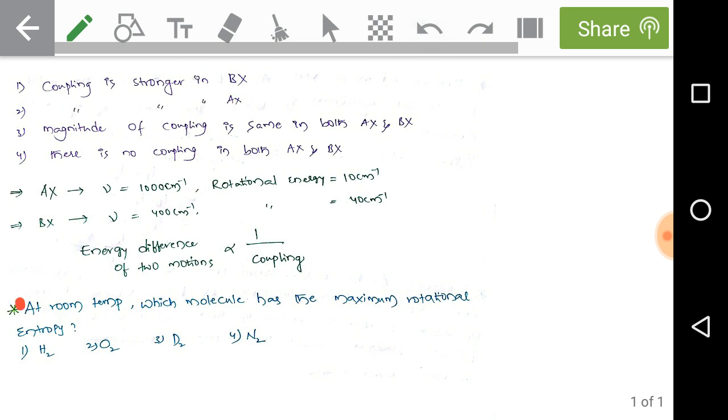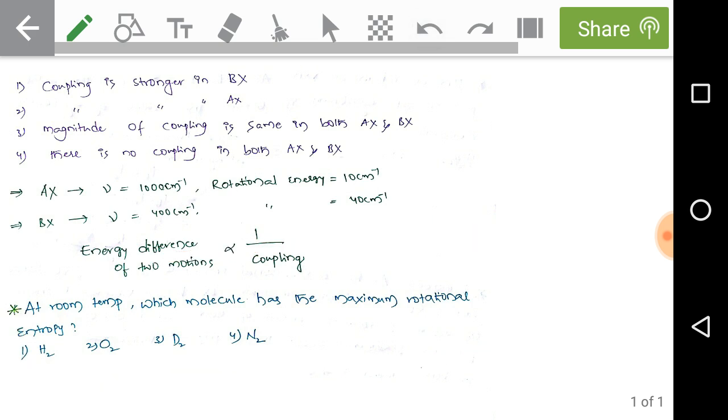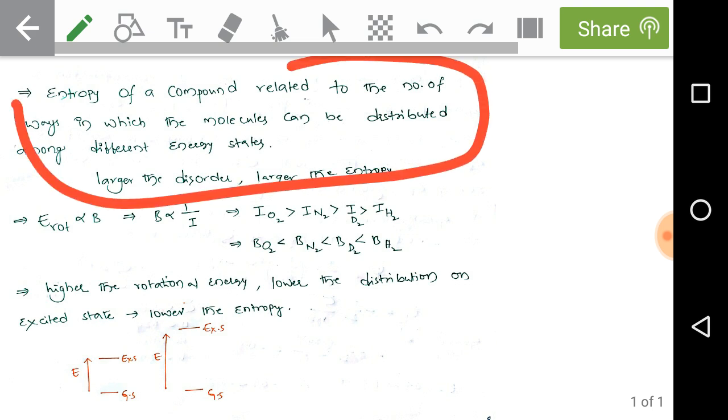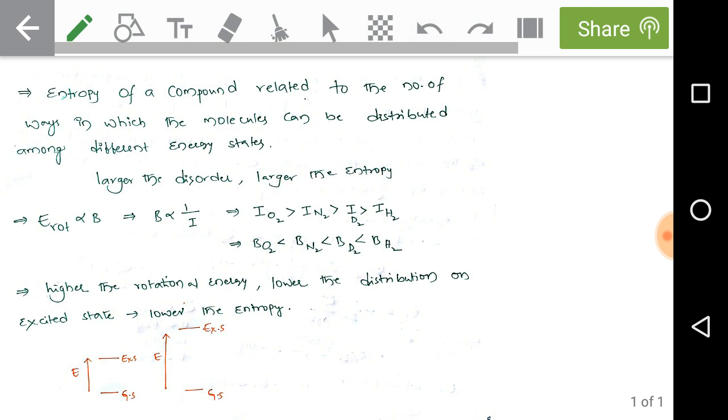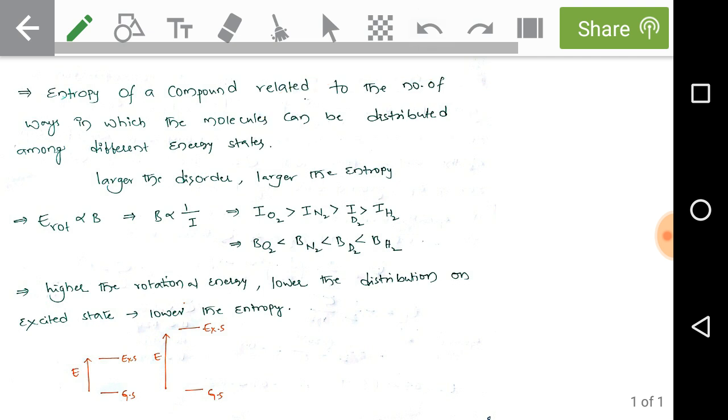Next one, at room temperature, which molecule has the maximum rotational entropy? To answer this problem, look at the concept: the entropy of a compound is related to the number of ways in which molecules can be distributed among different energy states. The larger the disorder, the larger the entropy.